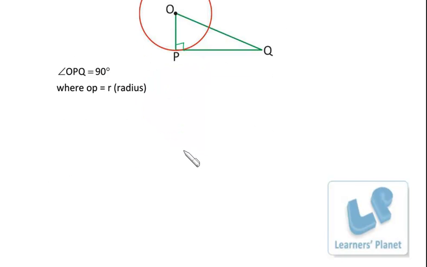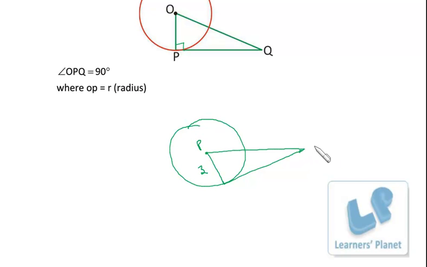A very simple thing I can ask over here: suppose the radius of this circle is 3, this is point P and this is point Q, and from point Q a tangent is drawn on the circle, with O the center and length of the tangent as 4.